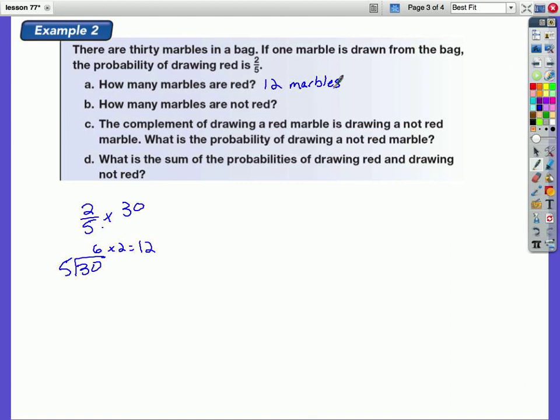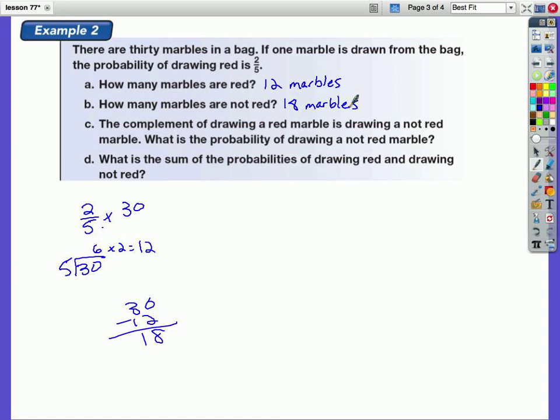So how many marbles are not red? Well, if there's 30 in there, 12 of them are red, we can just take 30 minus 12. Should get 18 marbles. 18 are not red. The complement of drawing a red marble is drawing a not red marble. So what's the probability of drawing a not red marble? Remember, our complement is the opposite of what we had before.